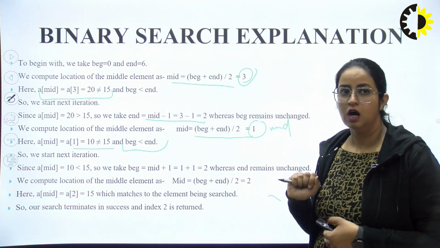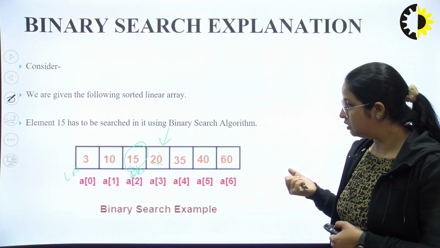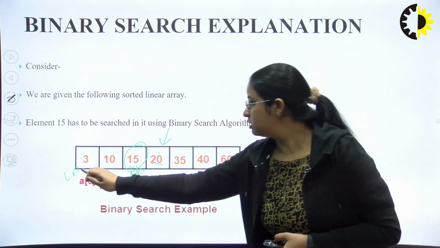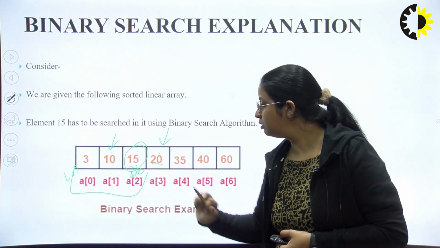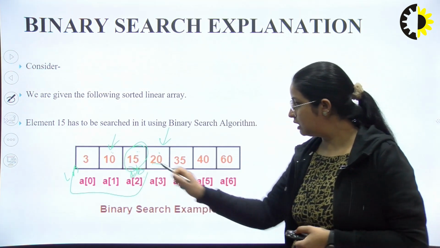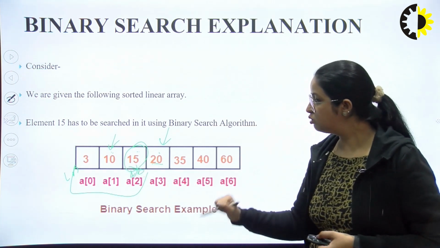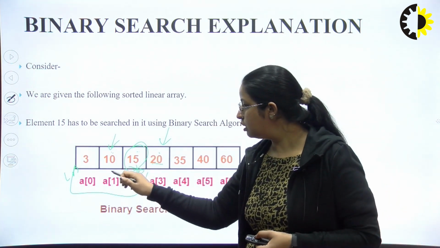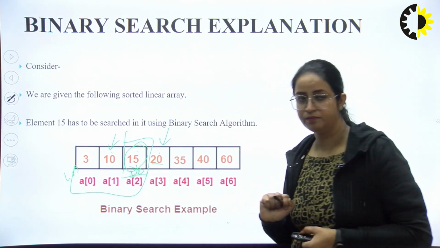Then we search the element on the other side, because the search element is greater than the mid element. So again we take this particular array.